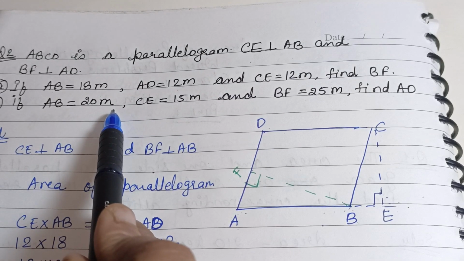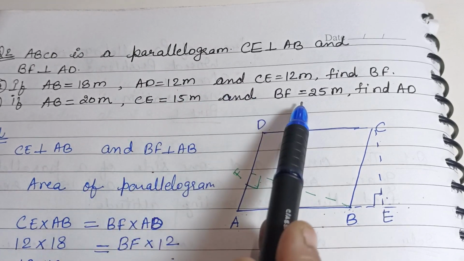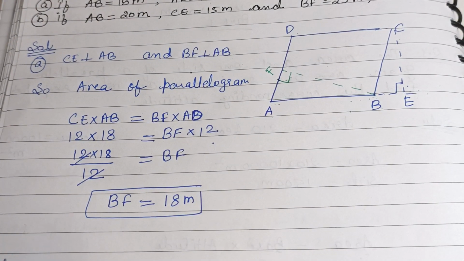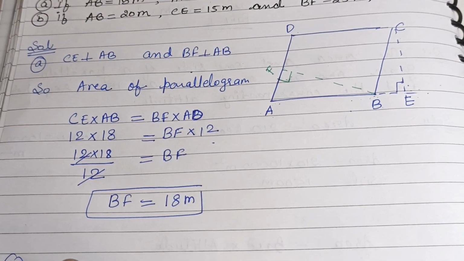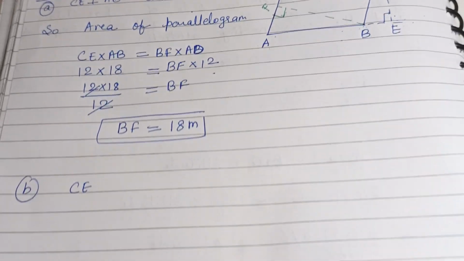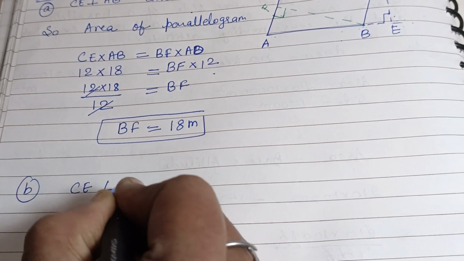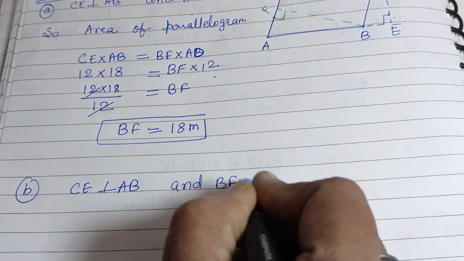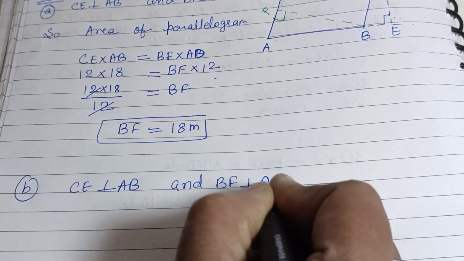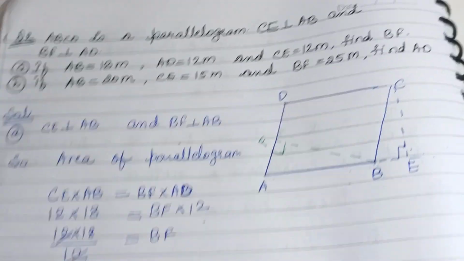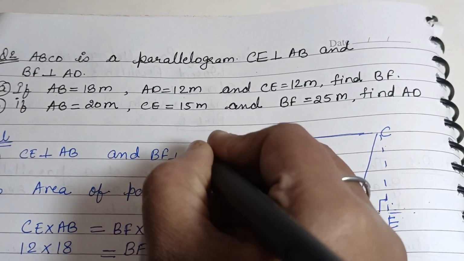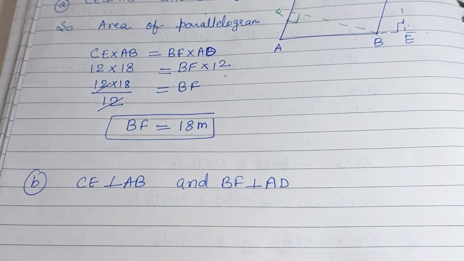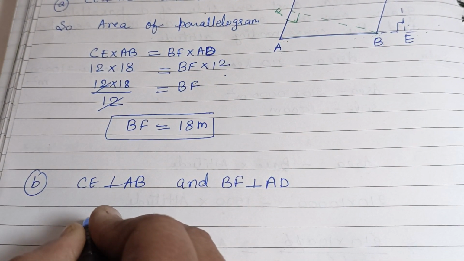The same question, the same you have to do for the B part also. AB equals to 20 meters, CE equals to this, BF equals to this, find AD. Same way, the same solution is there. Just write down CE is perpendicular on AB and BF perpendicular on AD. Okay, here also by mistake I have written AB, but it is AD. Okay, now area of parallelogram.